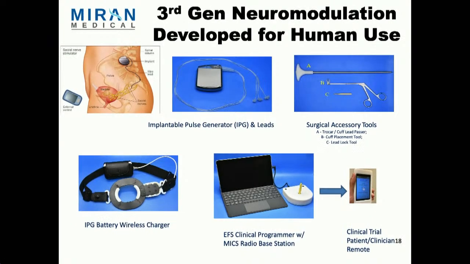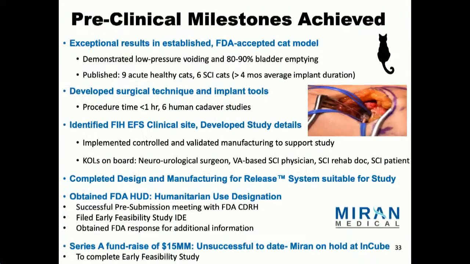One is the bladder relaxes and fills up with urine, and then it has to switch to when you want to go and pee: the bladder has to contract, and then the urinary sphincter has to open. These two things no one had ever done before, to enable two different muscle groups to be controlled with one implant. So we have a patent on that as well, and we have achieved lots of milestones.